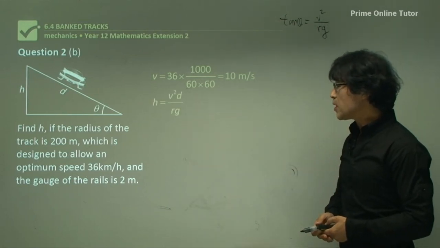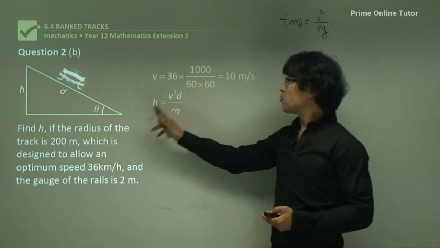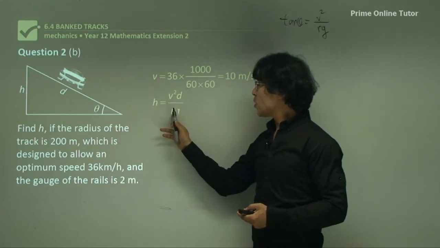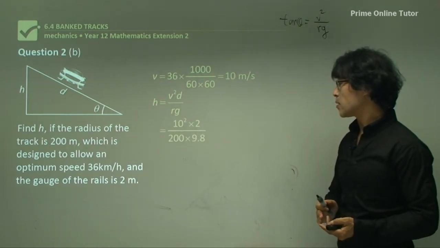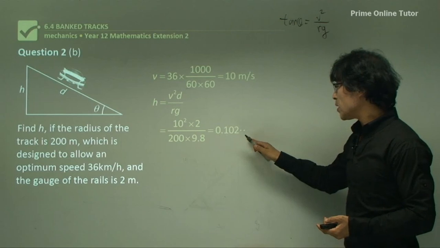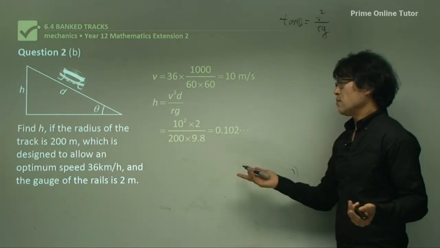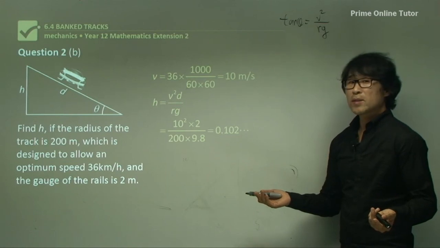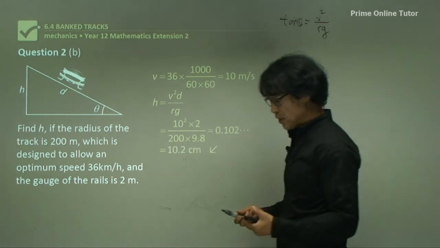What was the velocity? 10 meters per second, as we found here. And d was 2 meters. Radius is 200 meters. And then g is 9.8. So calculate approximately 0.102 meters. So the height, and then it's better to write 10.2 centimeters. So that's what's happening.